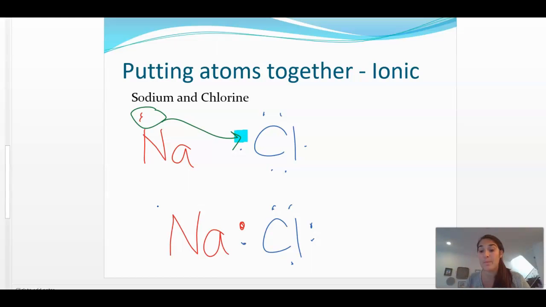That is the whole point, that full octet. When sodium gave that one electron to chlorine, chlorine gained it, and now it has 8. That is why sodium chloride is NaCl.